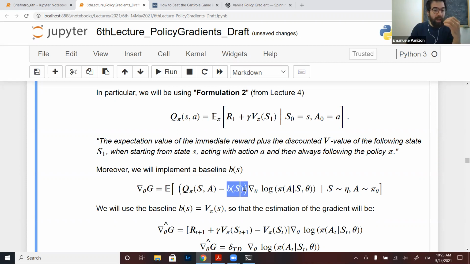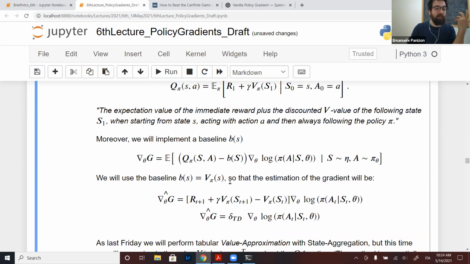So any term which is a function of a state and not of the action, combined with the derivative of the log, actually gives 0 in the expected sense.